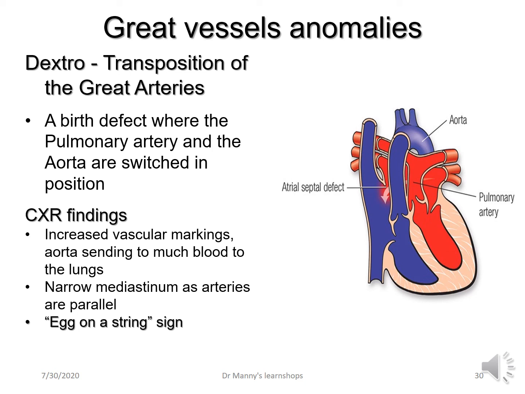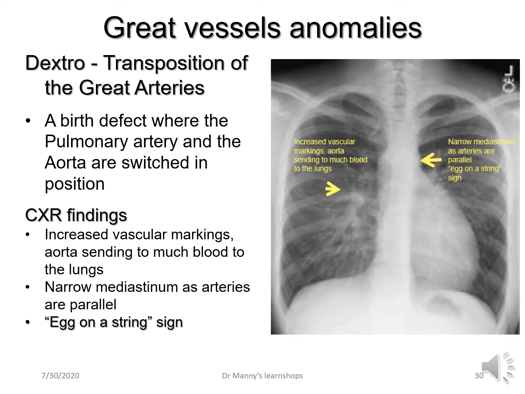There's a narrowed mediastinum because the pulmonary artery and aorta are parallel, and you can get what is called the egg on a string sign. The egg on a string sign basically means the heart looks like an egg, and the upper portion of the mediastinum is really narrow because the arteries are parallel. And as a consequence of increased blood flow to the lungs, there are increased vascular markings.